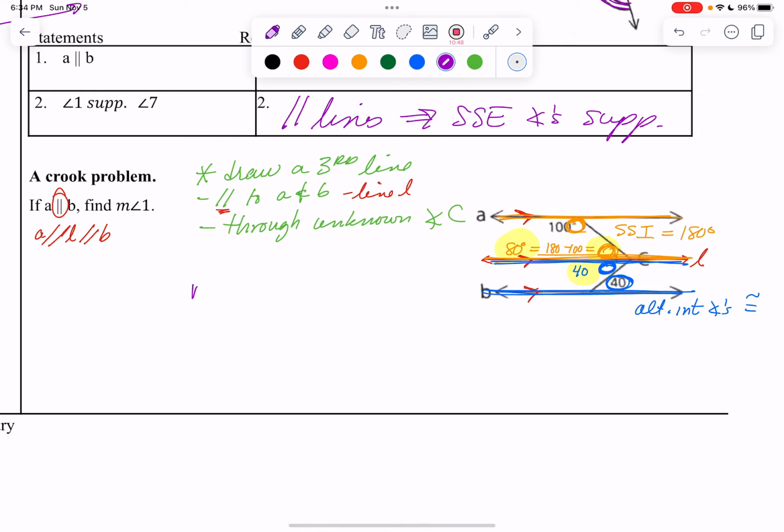So the measure of angle 1, actually we'll call it angle C because that works better for me, of angle C, which is this angle right here, the measure of this angle is those two pieces that we just found. So that's 80 plus 40, that's 120 degrees.